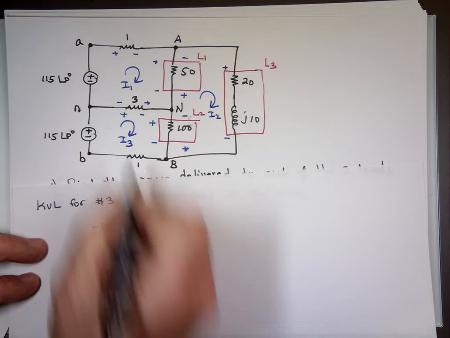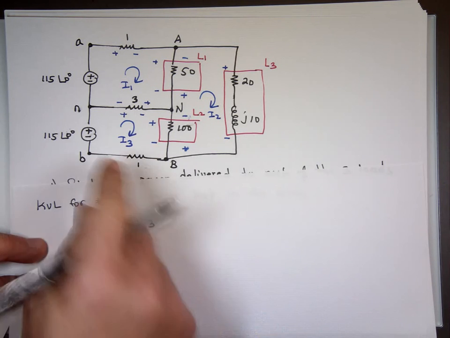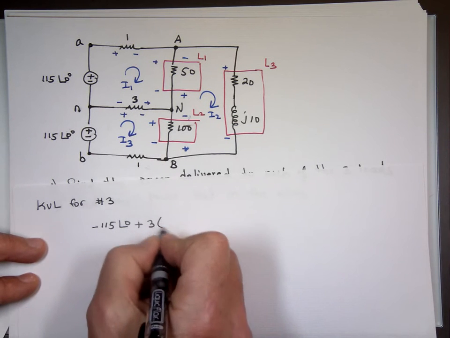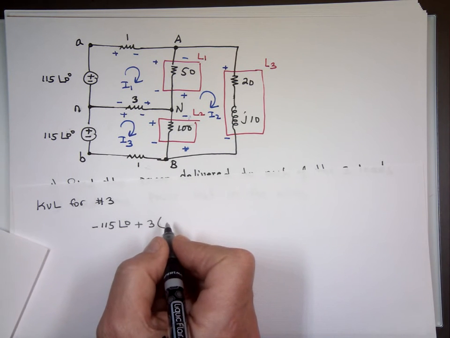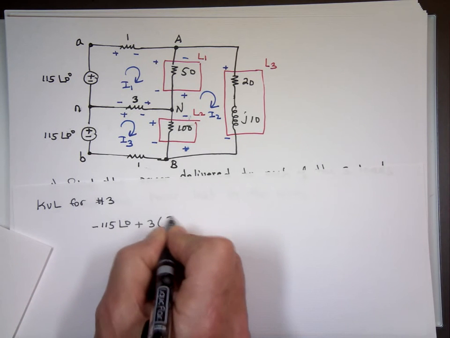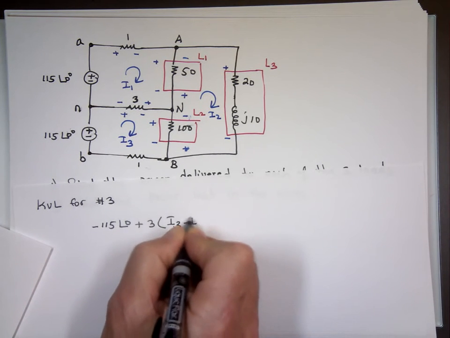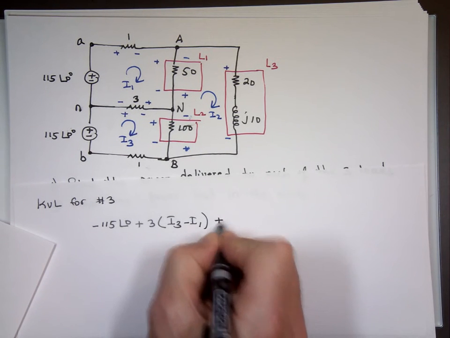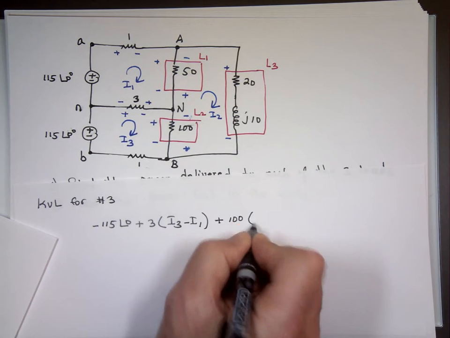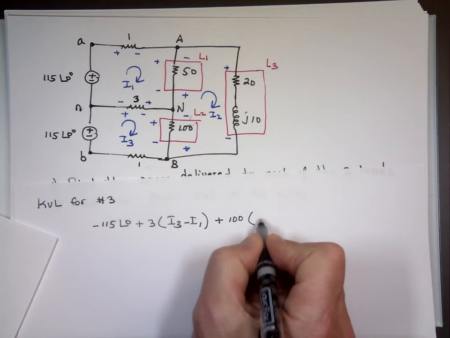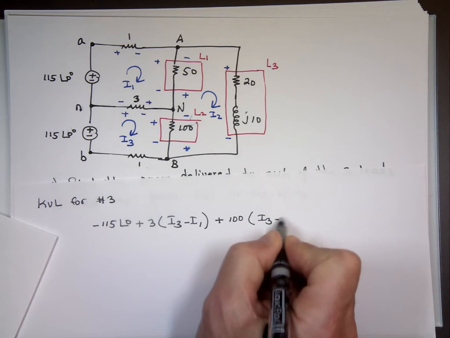Plus, that's a 3. And notice I label plus to minus. I need the current going to the right. What is the current to the right? Is it I sub 3 minus I sub 1? Plus the 100, and I label this inside the loop plus to minus, so I need the current down, which is what? I sub 3 minus I sub 2.